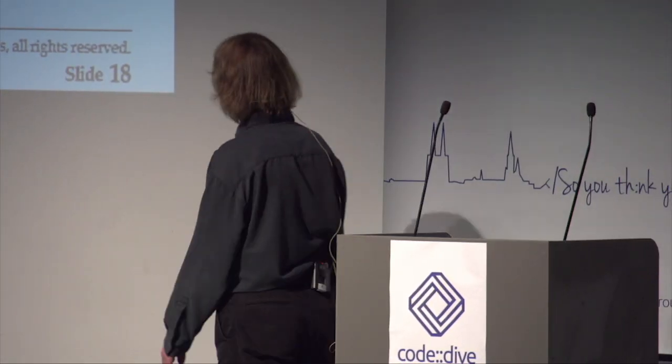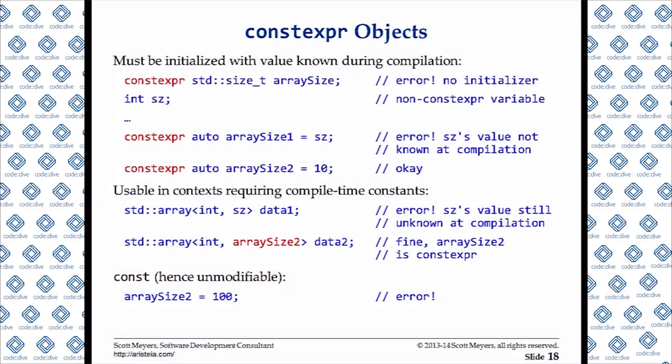I want to start with constexpr objects. Constexpr objects have to be initialized with a value, and that value has to be known during compilation. So if I try to declare a constexpr object called arraySize and I didn't give it an initializer, this won't compile. If I just say sz is of type int, this will compile, but we don't know what its value is.